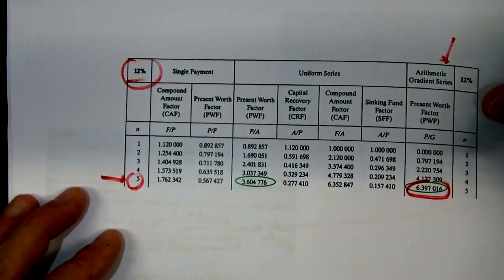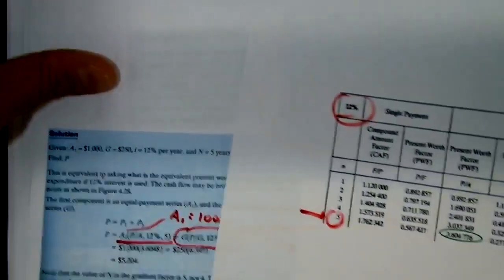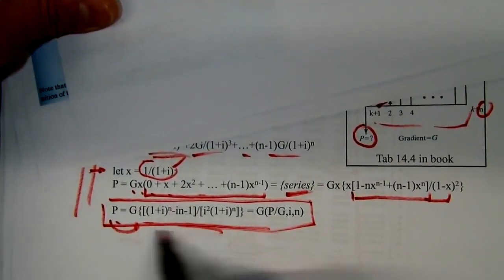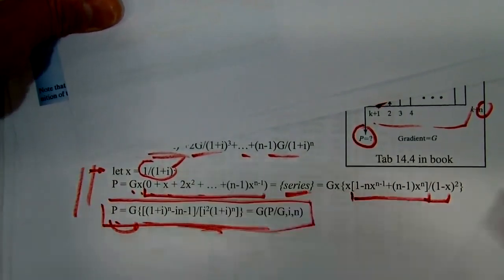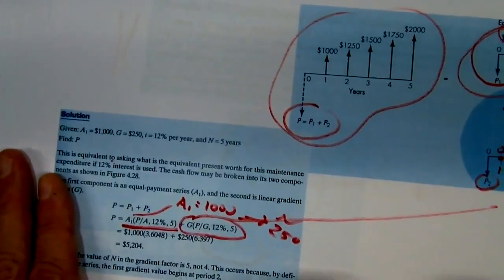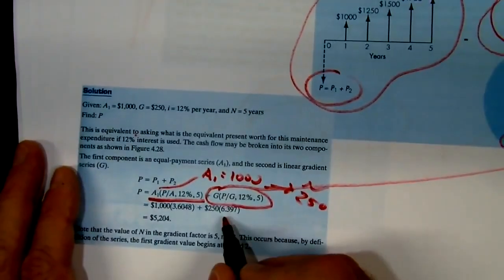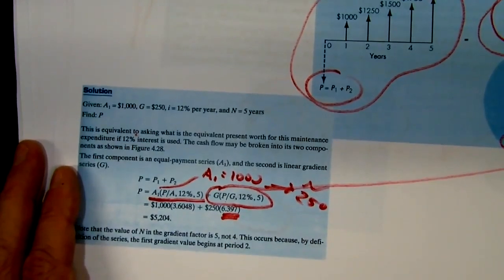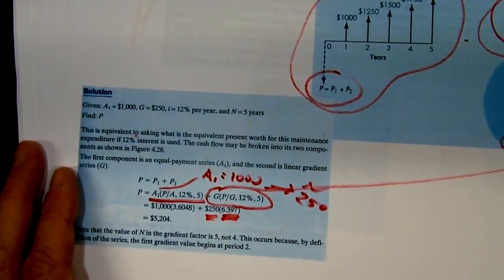This factor is nothing else than the result of plugging the parameters into this formula, but I use the table to make it easier. So you multiply your G value by 6.397.